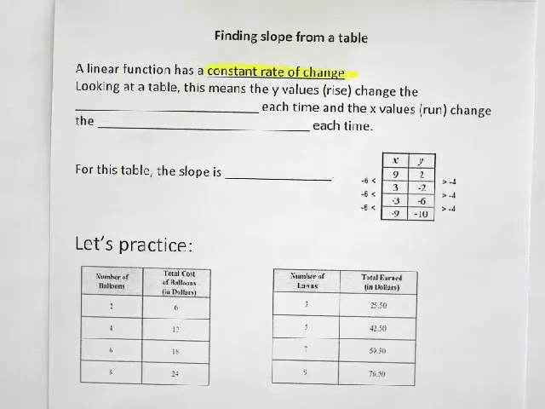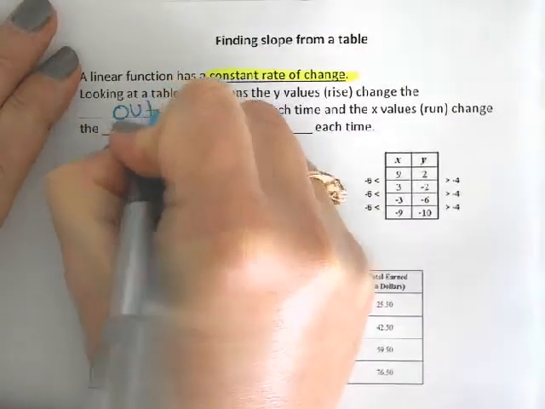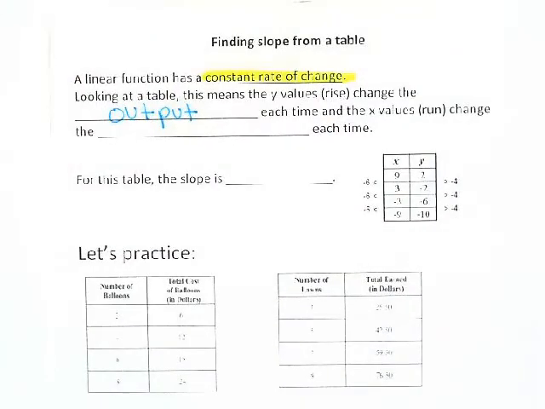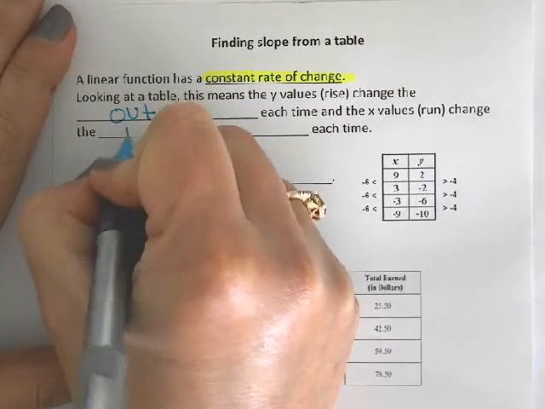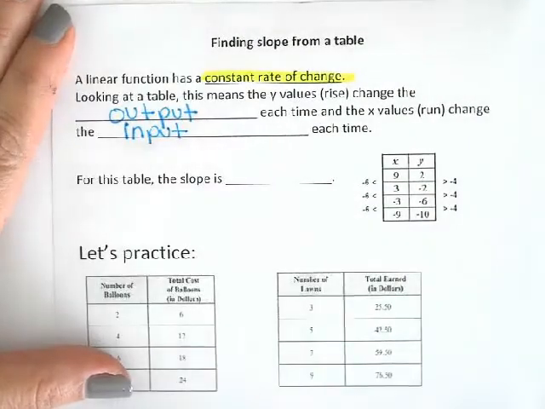Looking at a table, this means the y value, which is the rise, changes the output each time, and the x value, which is the run, changes the input each time.